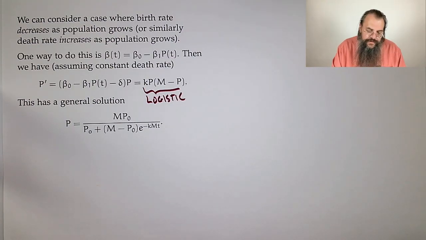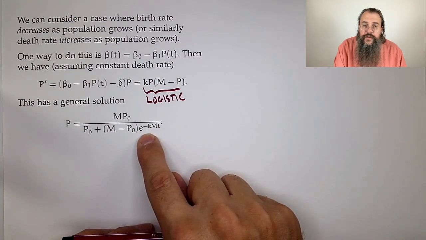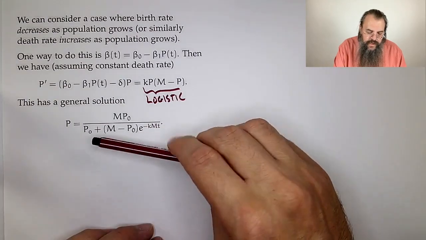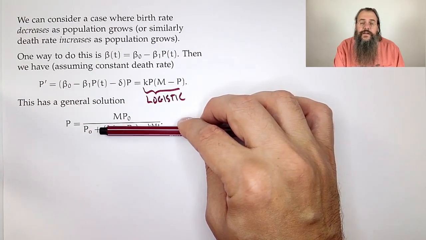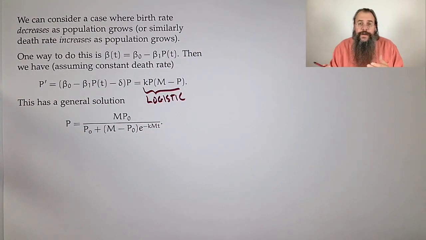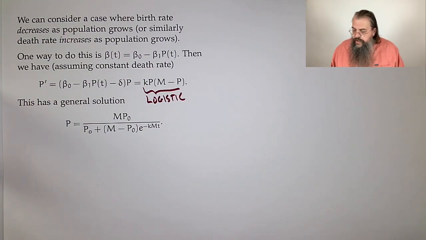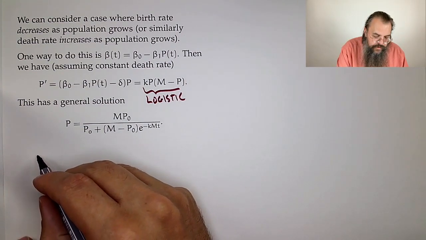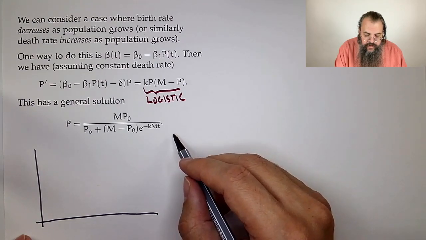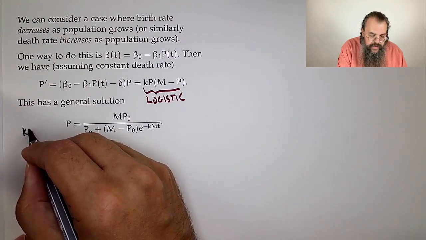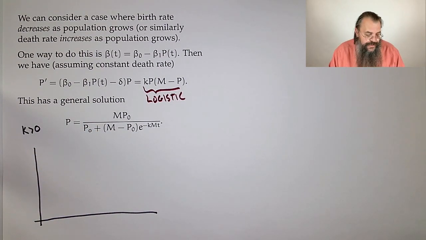If k is positive, this part will become very small because it's e to a large negative number, which means that goes away, and then the P naught terms cancel, which means in the long run we approach M. So what's the picture we should have? Let's suppose we graph, and we'll do our case where k is positive. We'll talk about that one first.